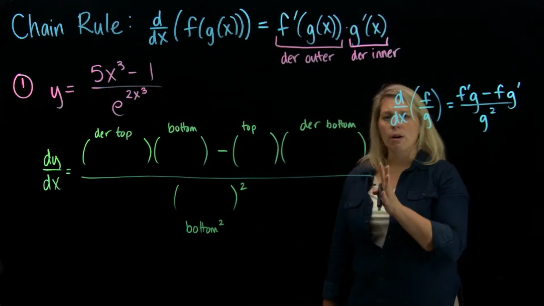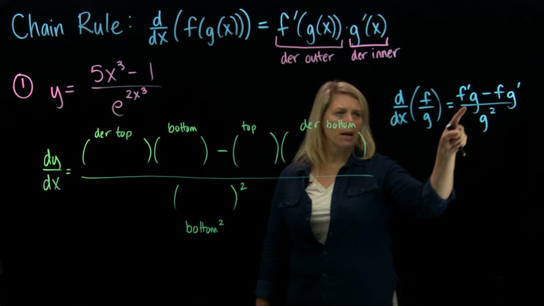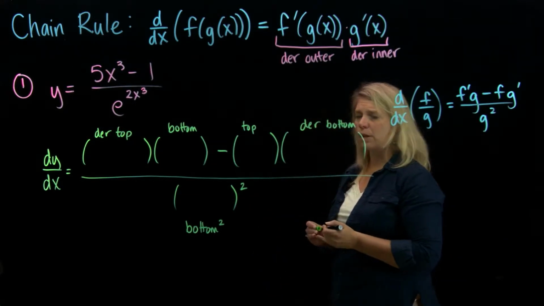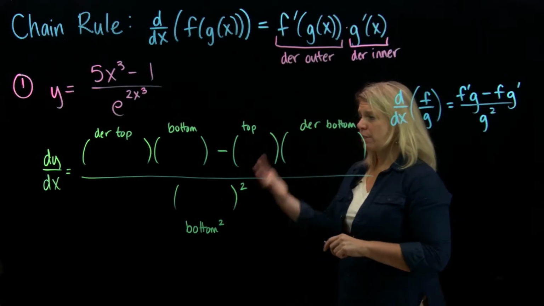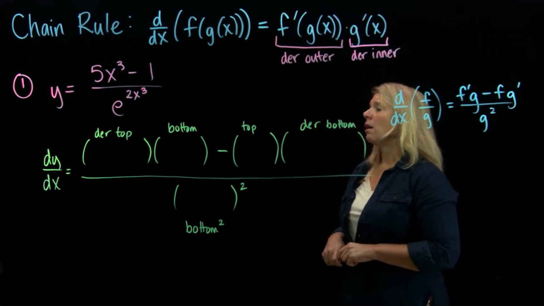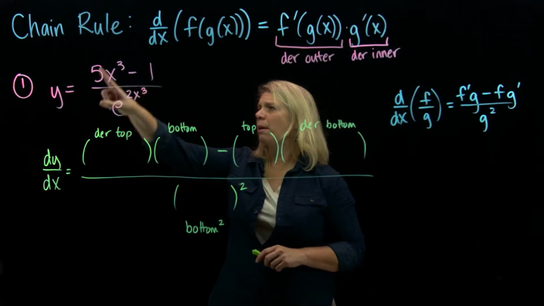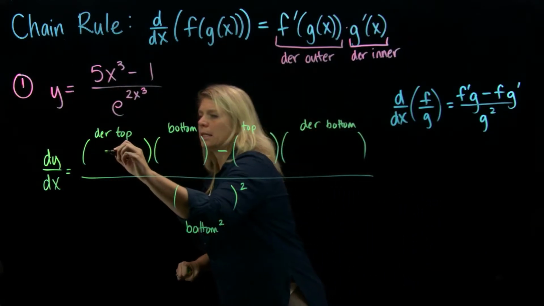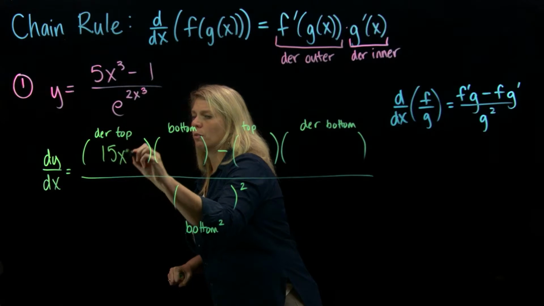Okay, so this is your overall structure of quotient rule, or you can write it with f primes and g's, or however you want to do that, but thinking through that overall structure, and then going through and just filling in the pieces here. All right, so the derivative of the top, that's my derivative of 5x cubed minus 1, so that's a pretty easy derivative, 15x squared.